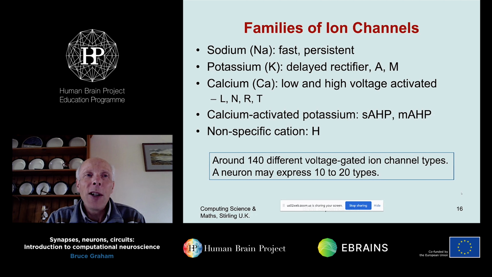What we still don't know, though, and is still hard to gain experimentally, is the exact distribution of different types of ion channels, both across the brain, but also within individual neurons. We do know that many neurons will have quite a number of different ion channels in their membranes, and will possibly have some crude picture of how they're distributed in the membranes, but not anything with great precision.